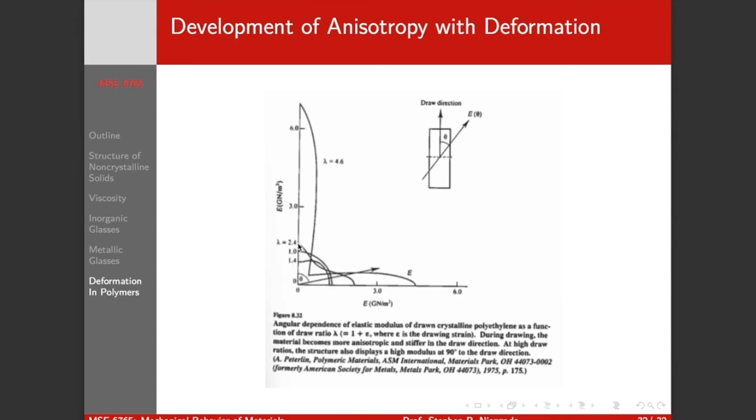By the time we're at 2.4, we've exceeded along the drawing direction and the perpendicular direction, but at a 45-degree angle, we're significantly weaker than where we started. Then by the time we get out to 4.6, we've got a lot more stiffness along the drawing and perpendicular direction, but a lot weaker at a 45.